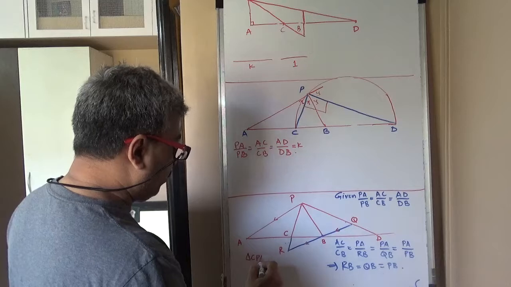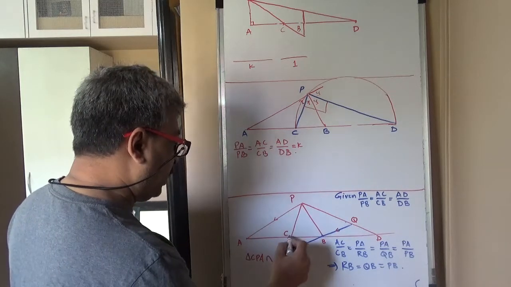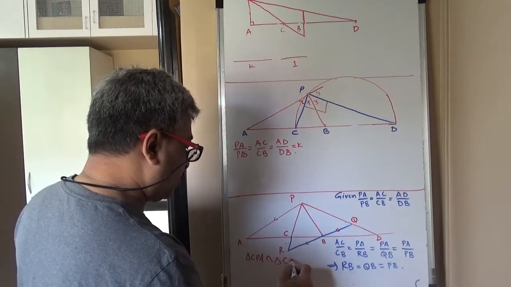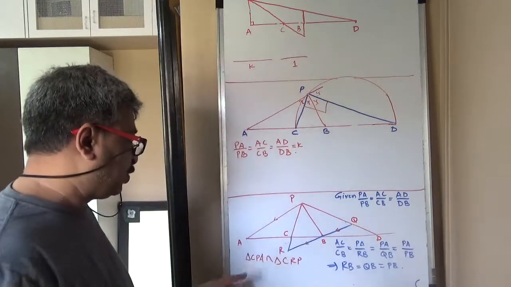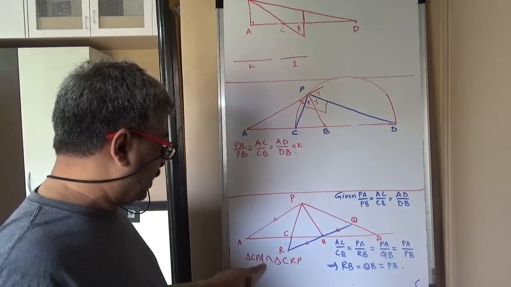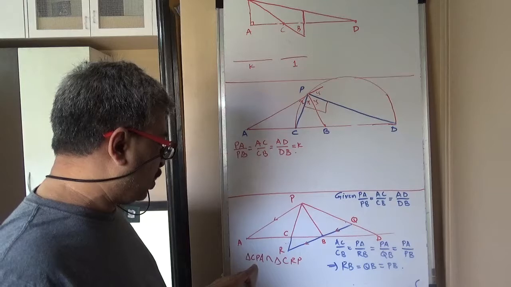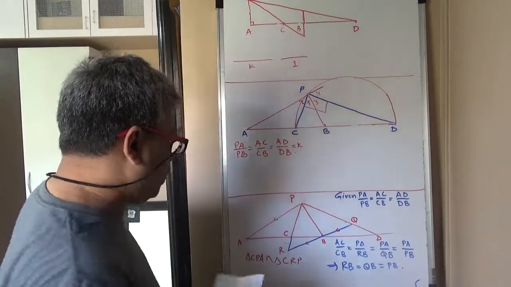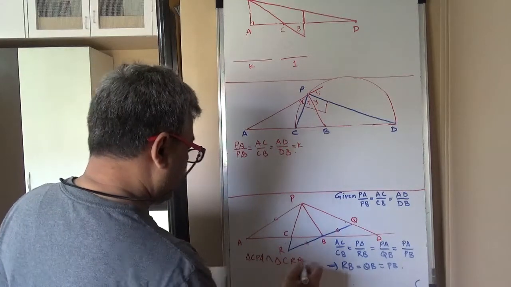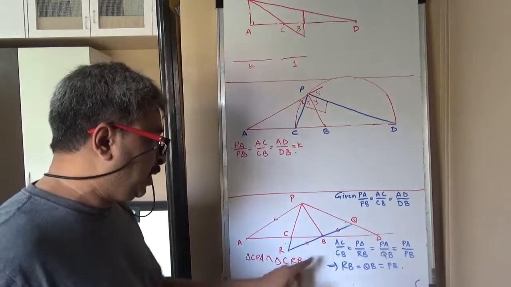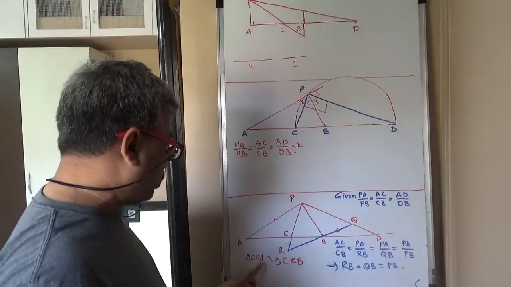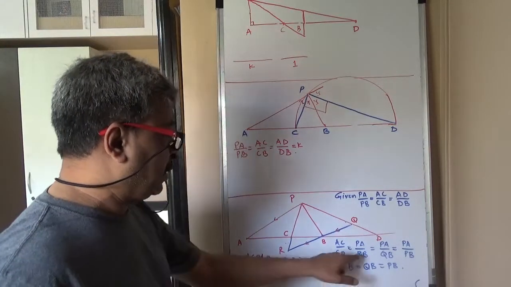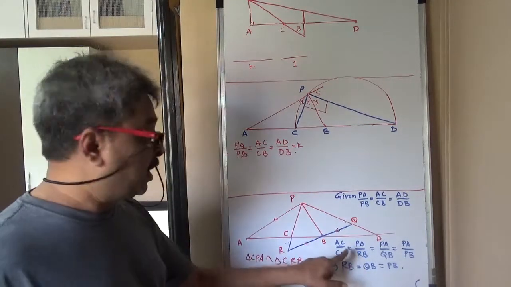Triangle CPA is similar to triangle CRB. And if we write the proper ratios, I will get AC upon CB, that is the first ratio, which is equal to PA upon RB. That is what I got. I have written here, PA upon RB.